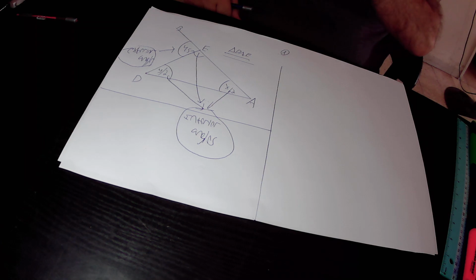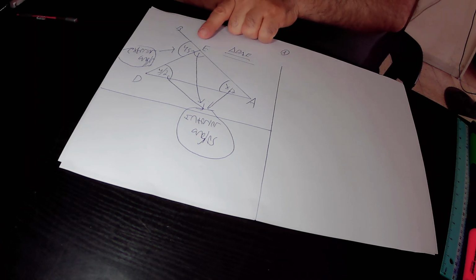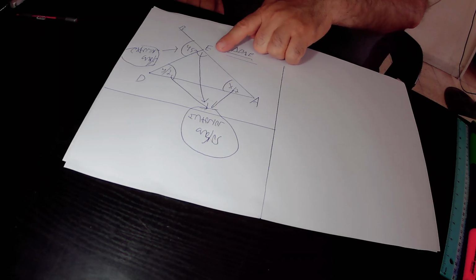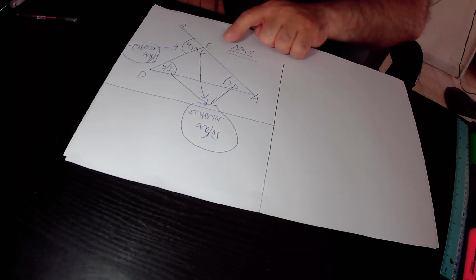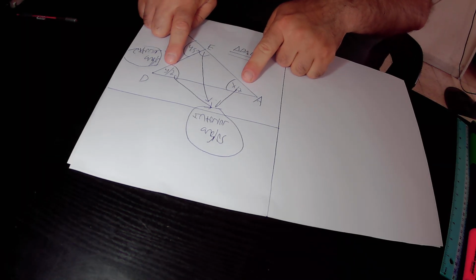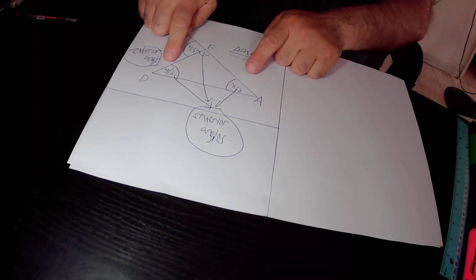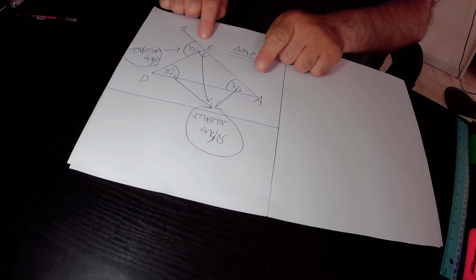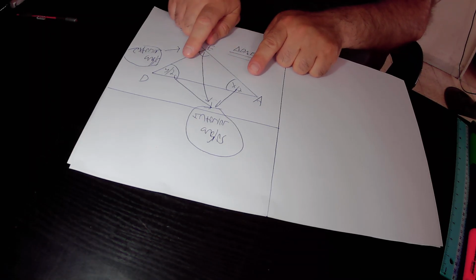And according to rule 4, the size of the external angle BED is equal to the sum of the two interior angles that are not adjacent to it. This is angle DEA that is adjacent to this angle BED, and the two other interior angles that are not adjacent to it are x over 2 and y over 2. So the size of the external angle BED is equal to x over 2 plus y over 2.